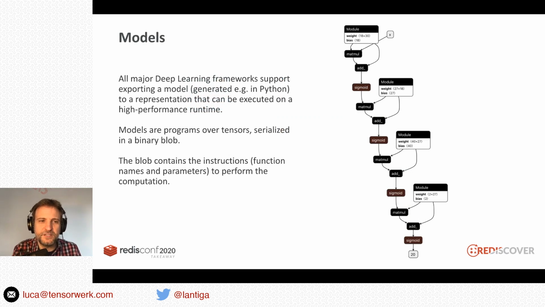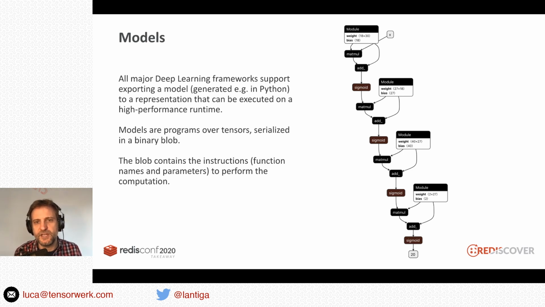And these models, in deep learning for example, are a sequence of instructions that involve, for example, matrix multiplications, application of nonlinear functions. For example, here we see sigmoid. And this graphical representation we see on the right is a serialization of a computation that is performed in a neural network.